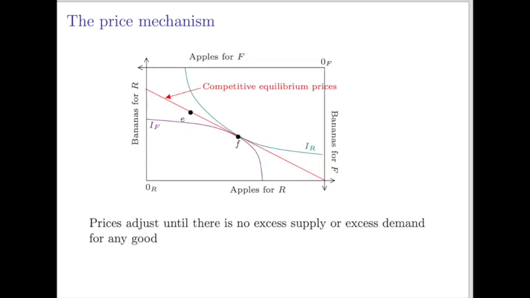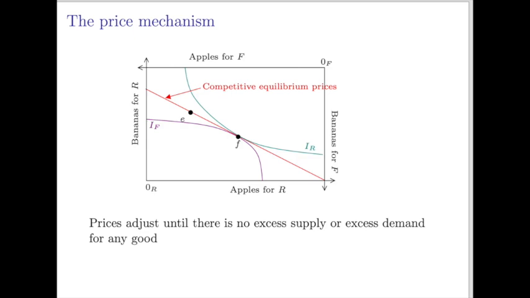Now, this adjustment process is going to keep happening until we get to a point where, when we ask both of these guys to maximize their preferences, each of them shows up to the market, looks at the prices, sells their endowments, gets some income from that, and then decides what the optimal bundle is for them that they can afford.